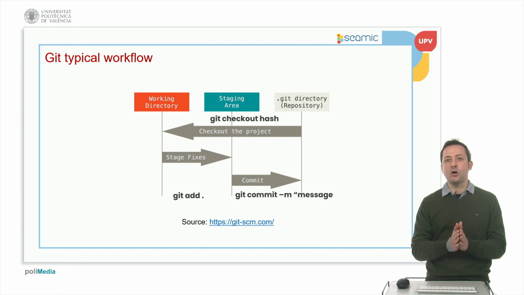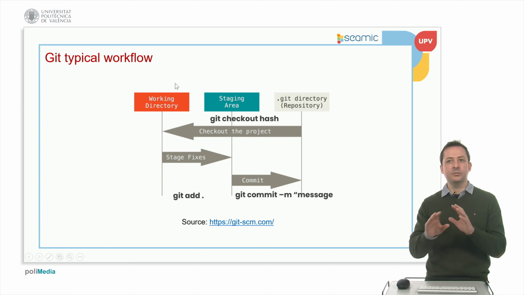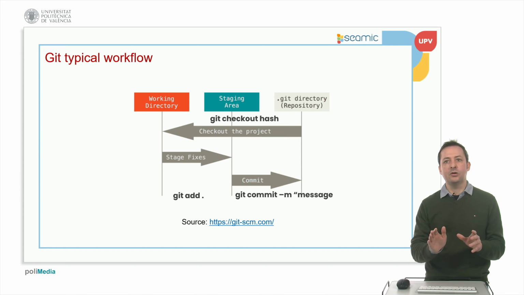So, by using these operations, the typical workflow of working with Git is this one. We are working in the working directory with the files of our project, and we perform the add operation for adding those files that we want in the staging area.